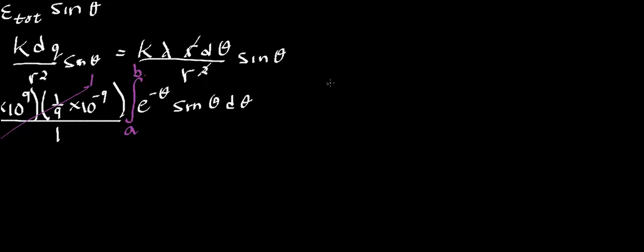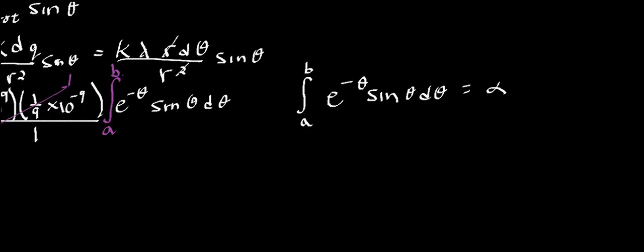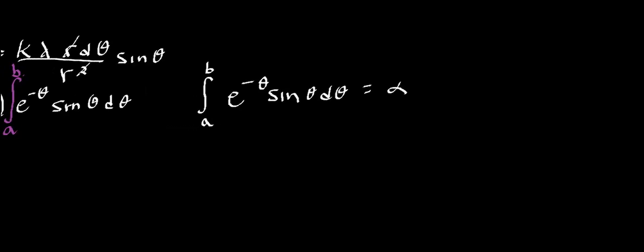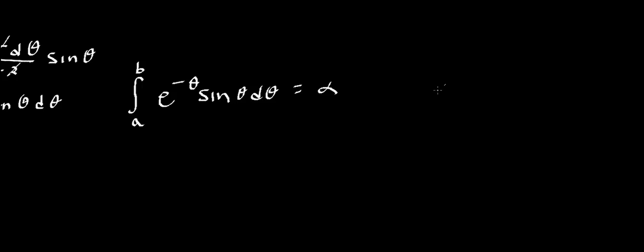We have the integral from a to b, which is negative pi over 2 to positive pi over 2, of e to the minus theta sine of theta d theta. I'm going to define this one as alpha. I just picked a random Greek letter, but I'm going to define this as alpha, and let's make some substitutions.